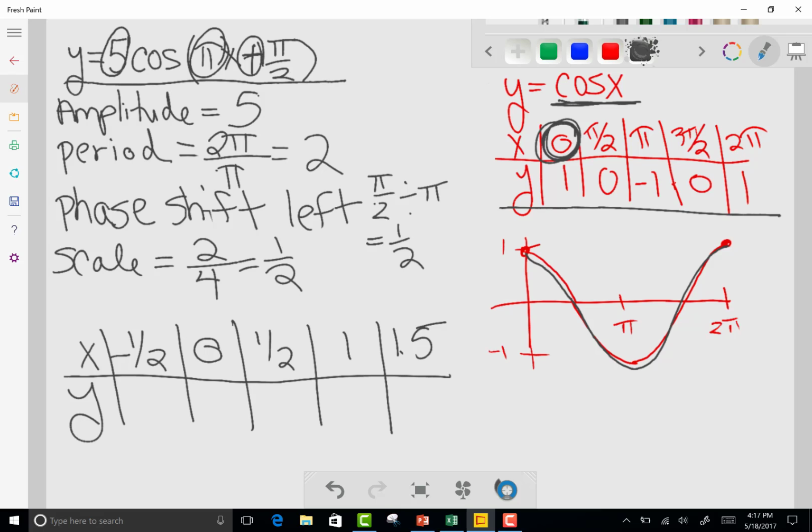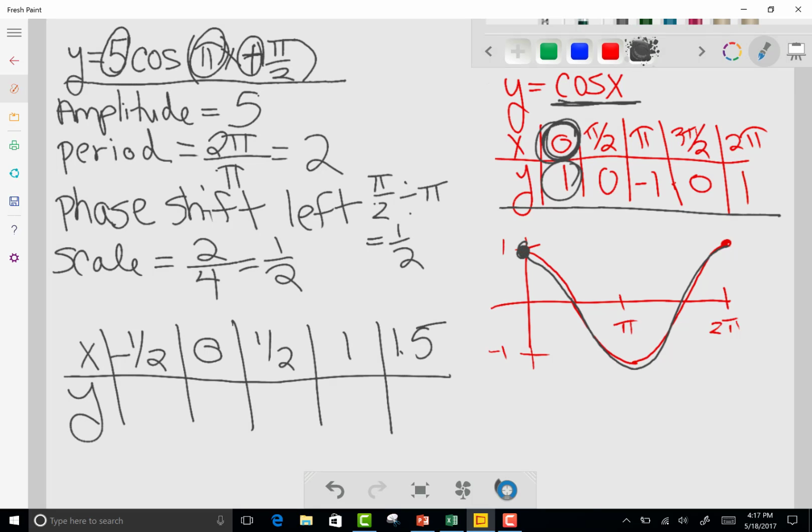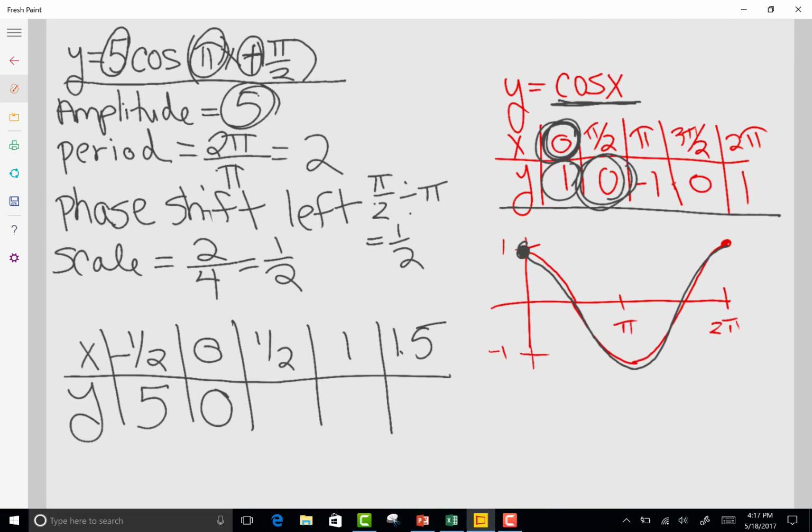Now I got to find my y values. Typically, cosine starts at 1, my maximum point. Since we have an amplitude of 5 for our translated function, we're going to start at a maximum point of 5. Then cosine for the next point goes back down to the x-axis, so this is going to be 0.